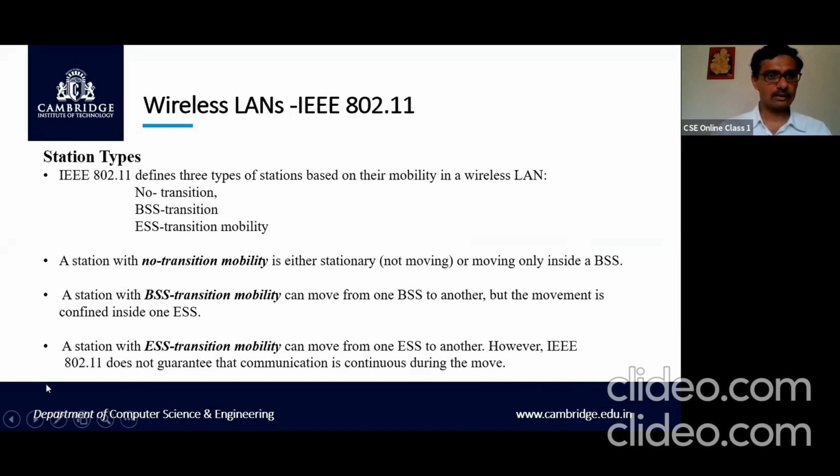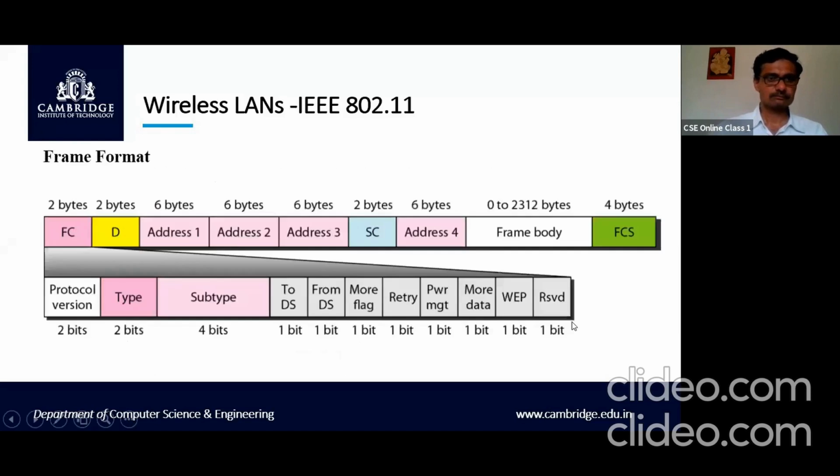IEEE 802.11 does not guarantee the communication is continuous during the move, because there will be a switchover from one AP to another AP. That is basically called the handover. So this basic protocol like 802.11 does not guarantee the continuity. There are different other protocols used for this, but that is beyond the scope of our discussion here.